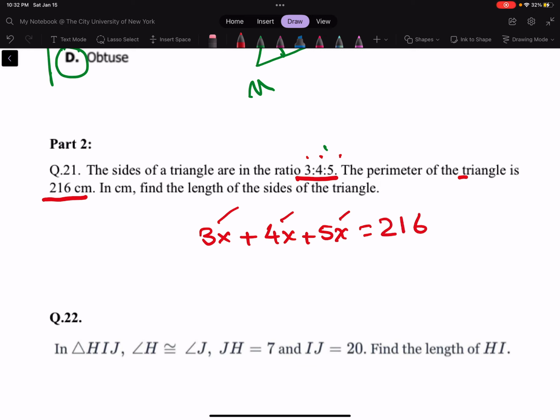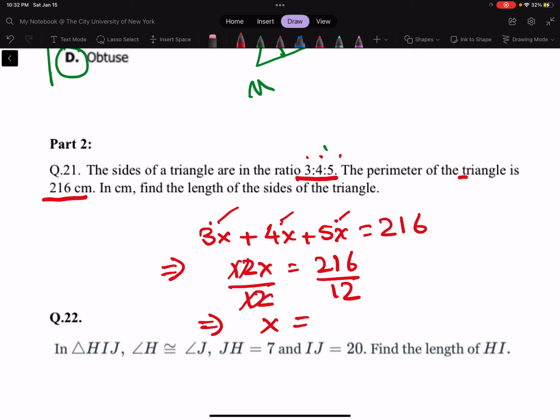Okay, so we add them. 3 and 4 is 7, 7 and 5 is 12x equals 216. So we divide by 12, and 12 cancels out.